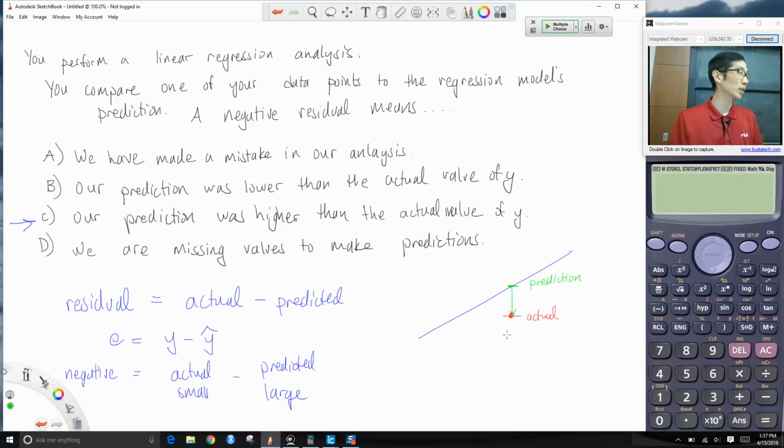That's a property of minimizing the sum of the squared residuals: the sum of the residuals ends up equal to 0. So the sum of the residuals is equal to 0, and we try to minimize the sum of the squared residuals.